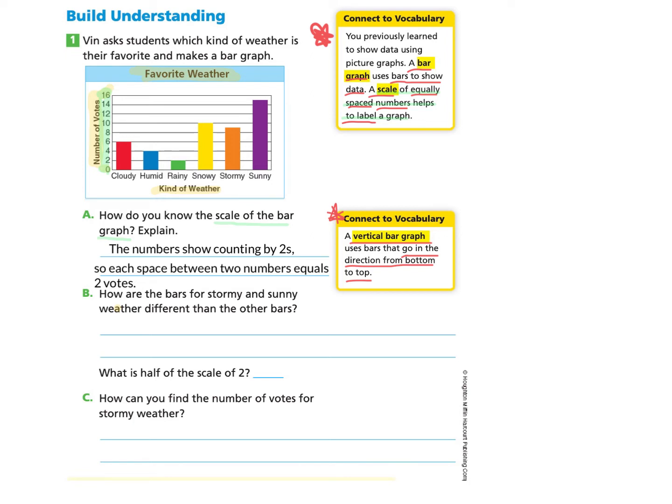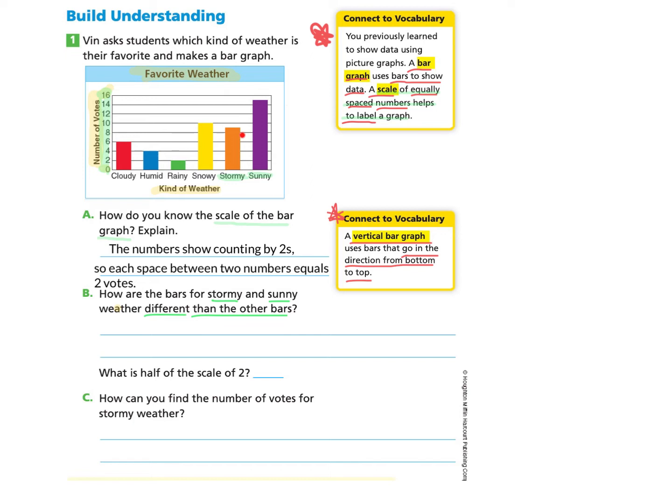Part B asks, how are the bars for stormy and sunny weather different than the other bars? So here are the bars stormy and sunny. And what do we notice about these bars? I'm noticing that where they end doesn't go to an actual line.